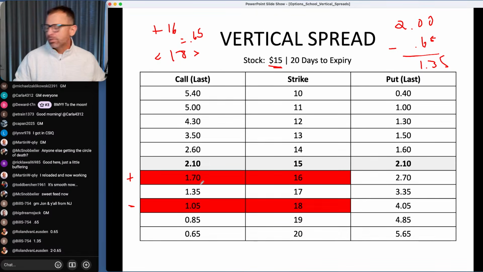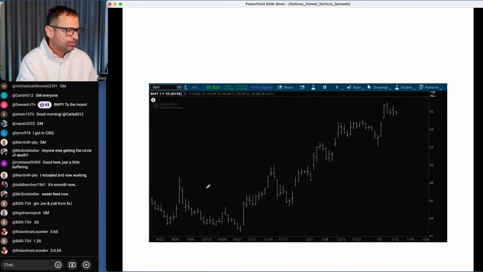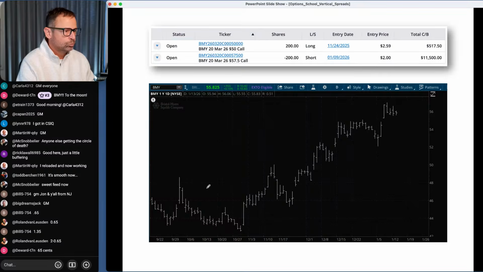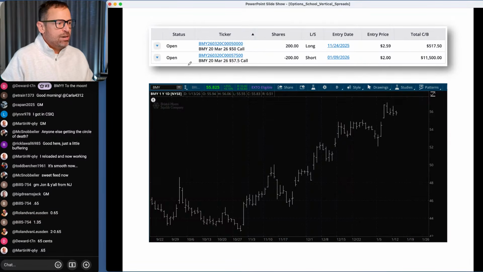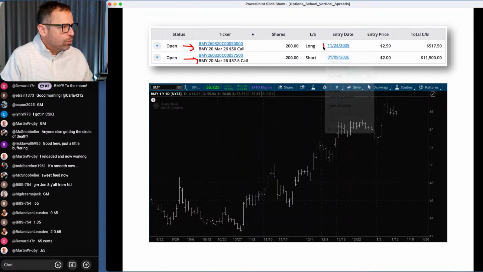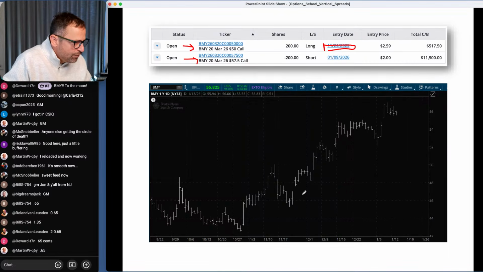I'm going to show you some real life examples. Here's a trade that we have, and this trade is in BMY. This is an open trade that we have. But I brought this up because November 24th is when we got into the trade. Let's say it's right about here.